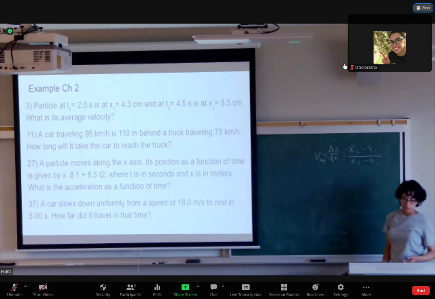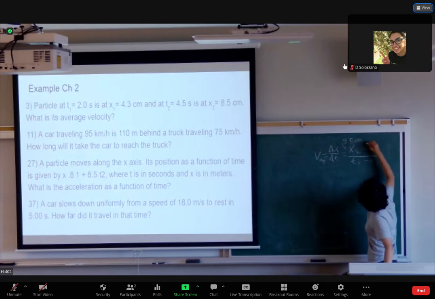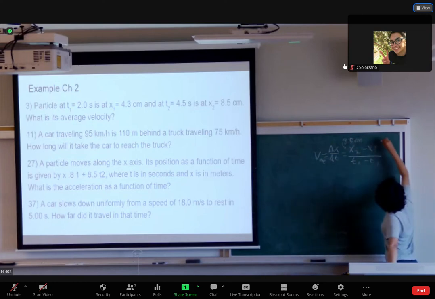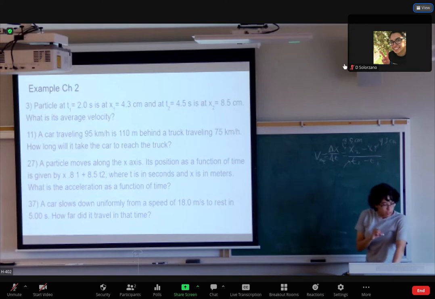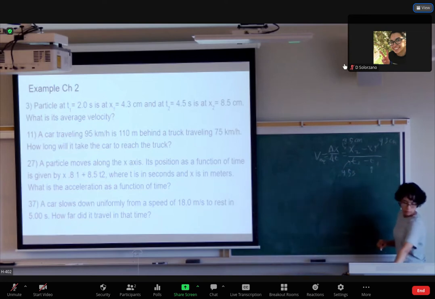In the problem, it gives you that x2 is 8.5 centimeters, and that x1 is 4.3 centimeters. It also gives you t2, I know they're so generous, as 4.5 seconds, and t1 as 2 seconds, right?